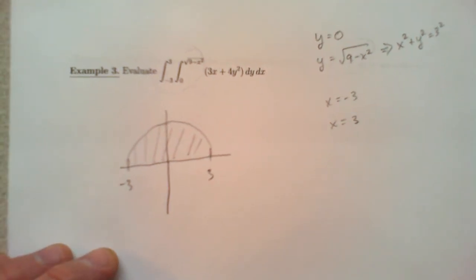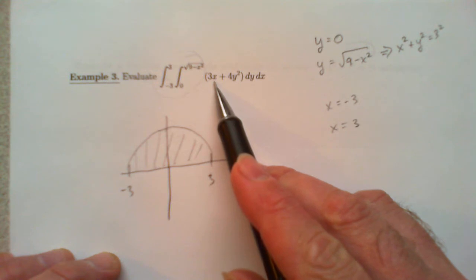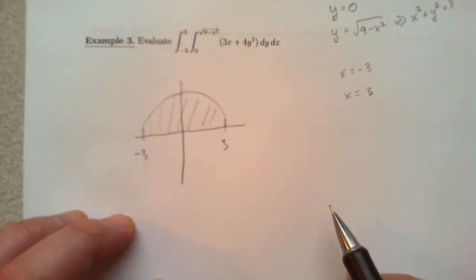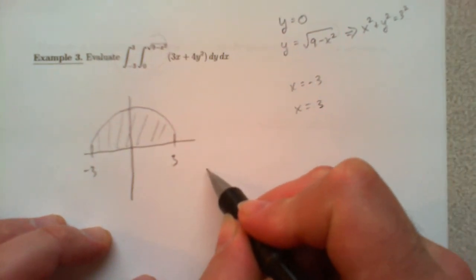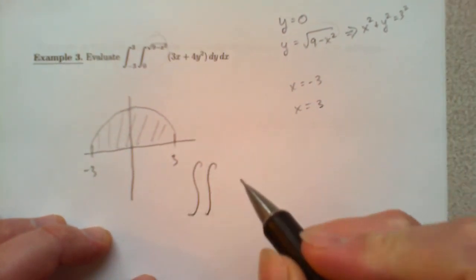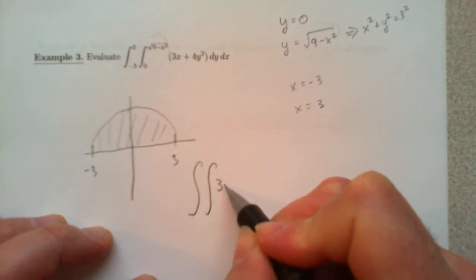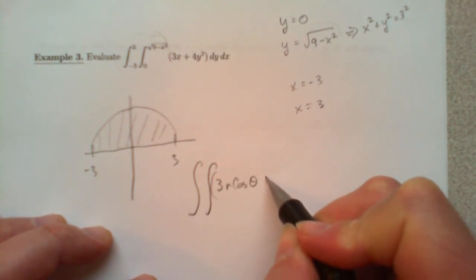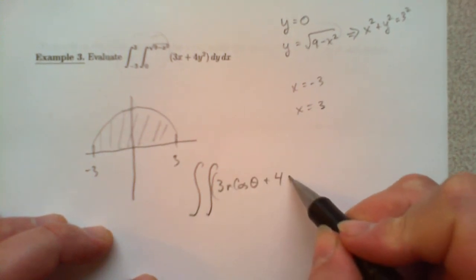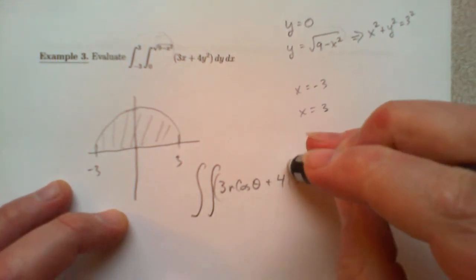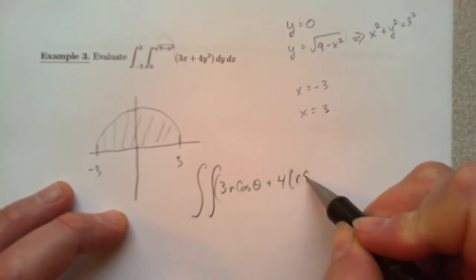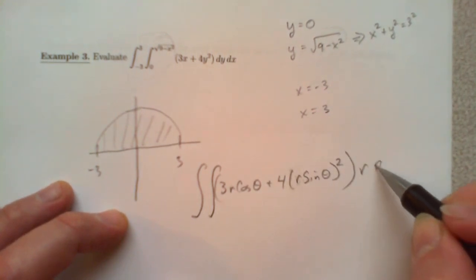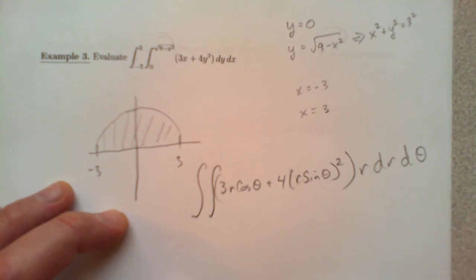Okay, and remember, I'm about to insert in here, x is r cosine of theta, y is equal to r sine of theta. Alright, so now the double integral is 3 times r cosine of theta plus 4 times the quantity r sine of theta squared, multiplied by r dr d theta.